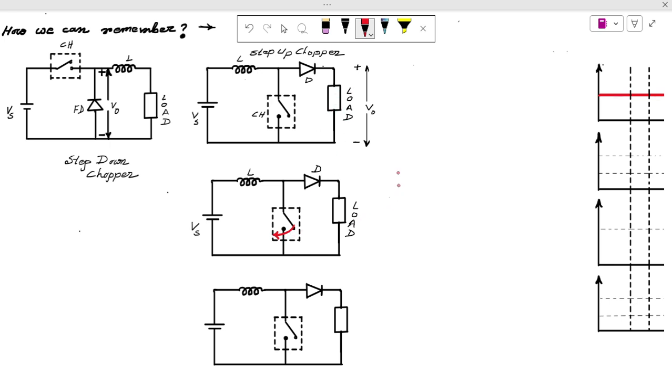Here I will discuss when the chopper is on. That means I will discuss the T on state.